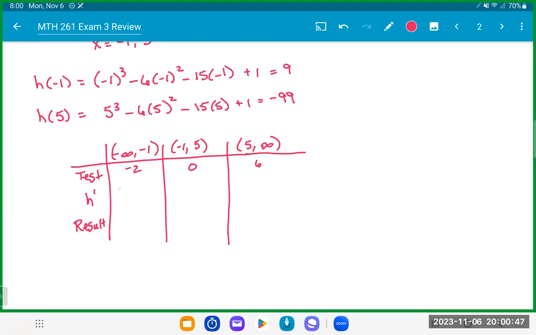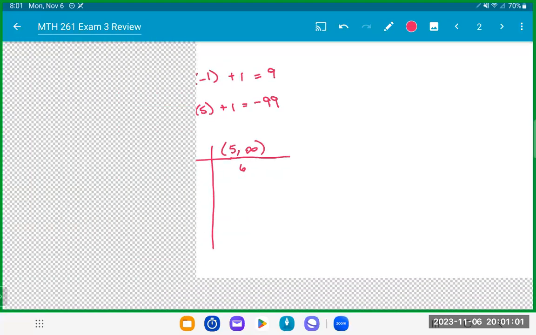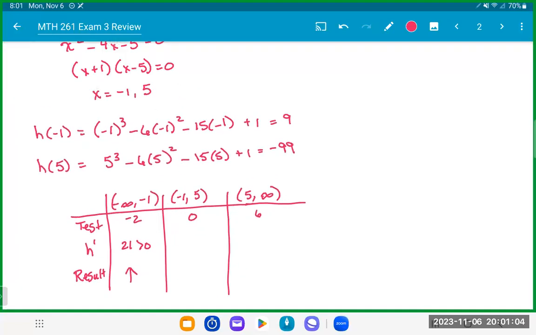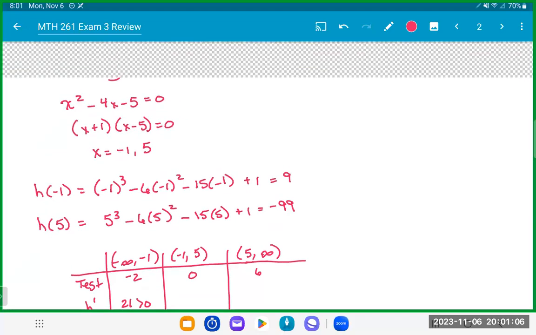When we do that, we end up with our derivative is 21, which is greater than 0. So we're increasing. The next one, if we plug 0 into our derivative, just trying to pull it here so you can see the derivative.